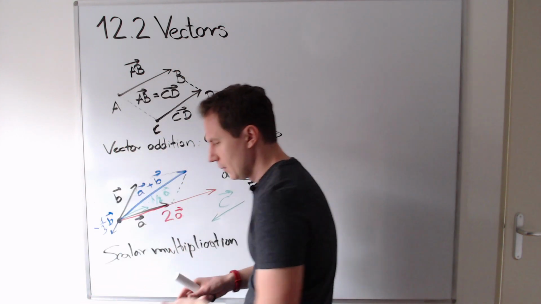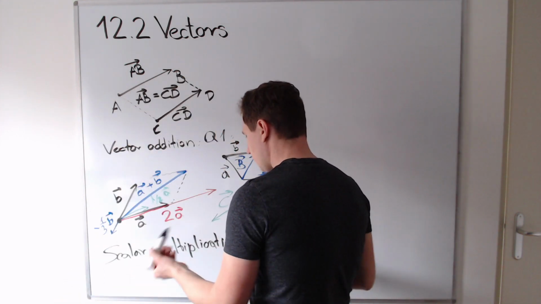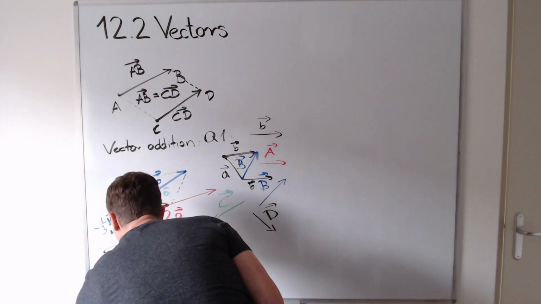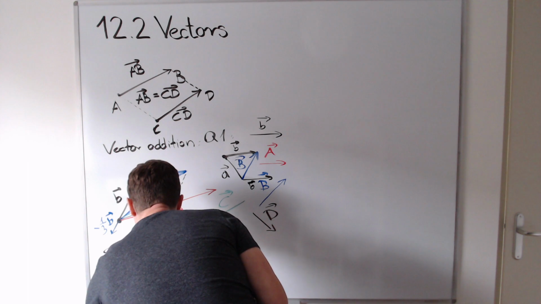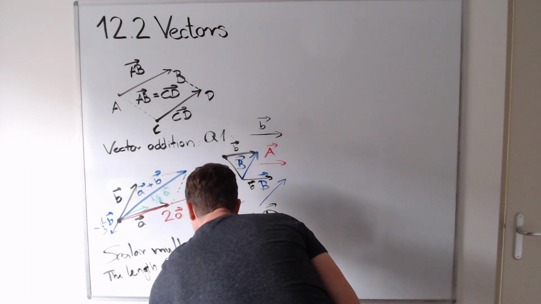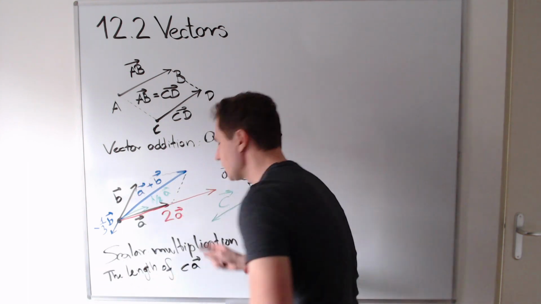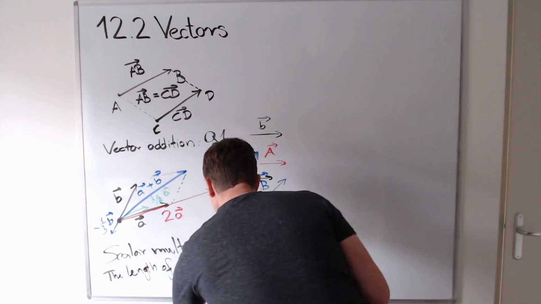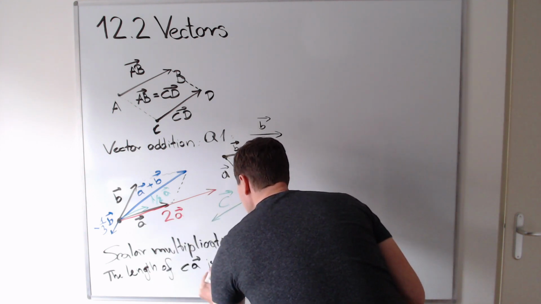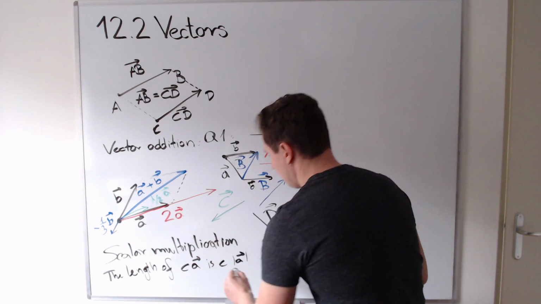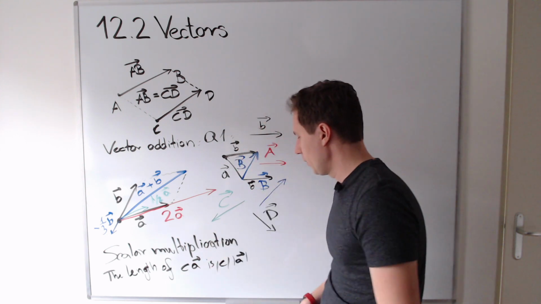Let me just say that for scalar multiplication, the length of c times a, where c is a real number, is the length of a multiplied by the absolute value of c.